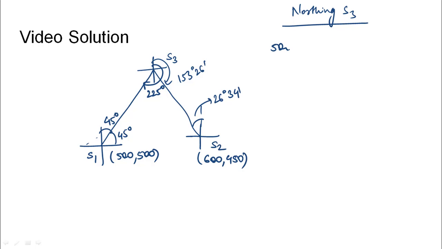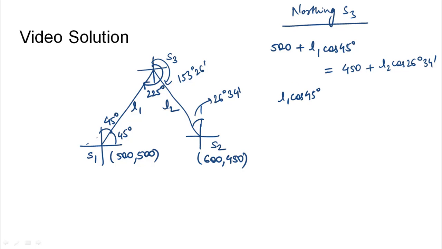So for station S1 we have 500 plus, assuming the lengths to be L1 and L2, L1 cos 45 degree, that is we are going up, equal to 450 plus L2 cos 26 degree 34 minutes. From this we get the equation L1 cos 45 degree minus L2 cos 26 degree 34 minutes equals minus 50. Let us call this equation 1.